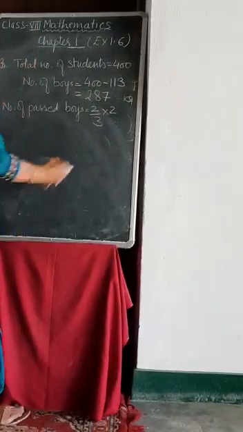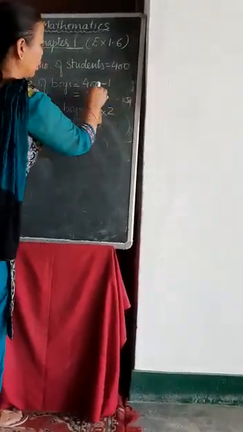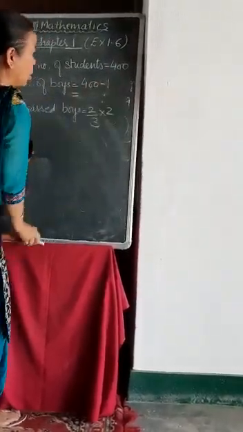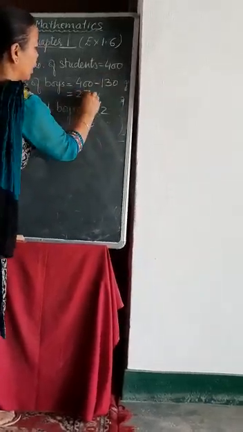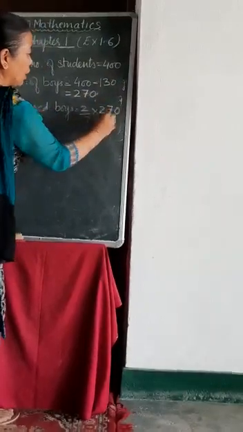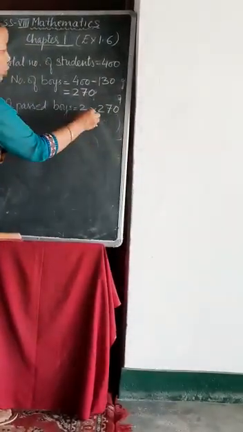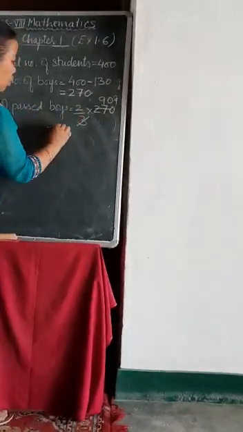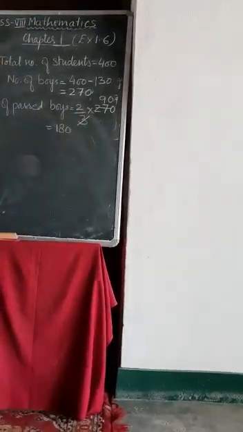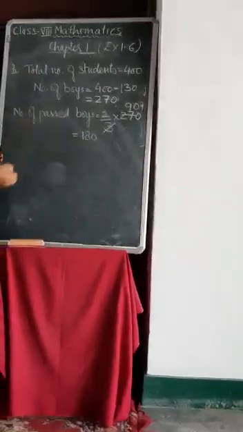Sorry, in this question this is not 113, this is 130. So 270 will come, and if we divide this 270 by 3 we get 90, and 90 twos are 180. So out of 270, 180 boys passed.